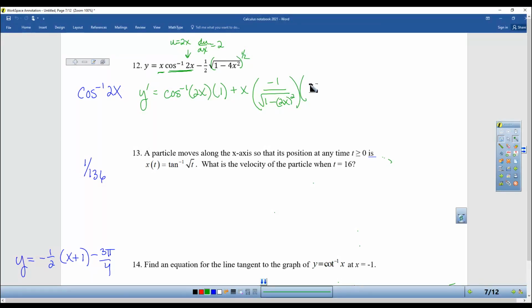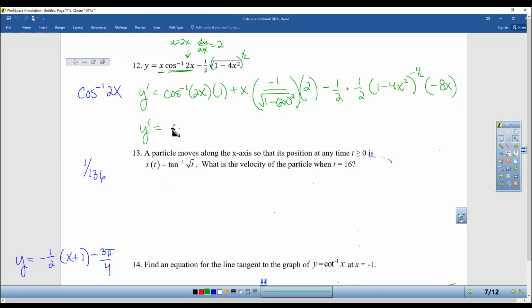And then times du dx, which is 2. We're already pretty far out in the problem, but don't forget there's still another part. This is the 1/2 that's just already there. And this is the 1/2 from bringing down the 1/2 before I lower the exponent to negative 1/2. And yet another derivative of the inside, super easy to forget.